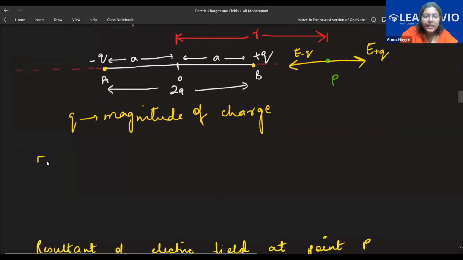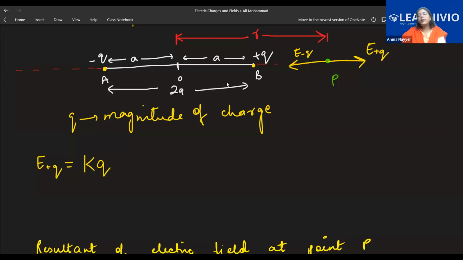Now, when I write E plus Q, it means due to the positive one. Tell me what will be the formula of electric field due to the point charge? KQ by 2A square?